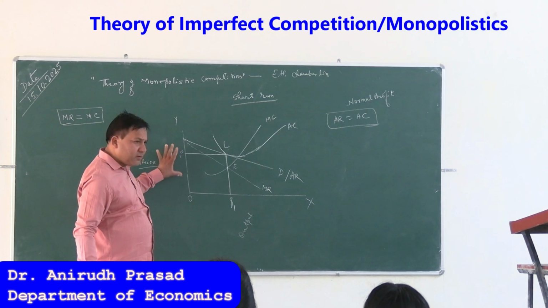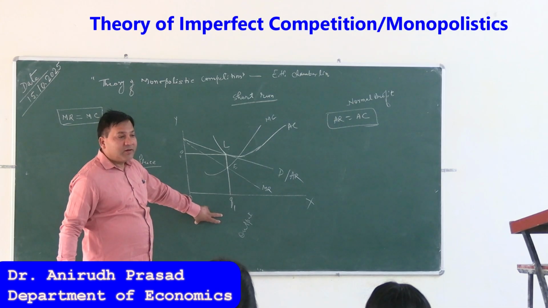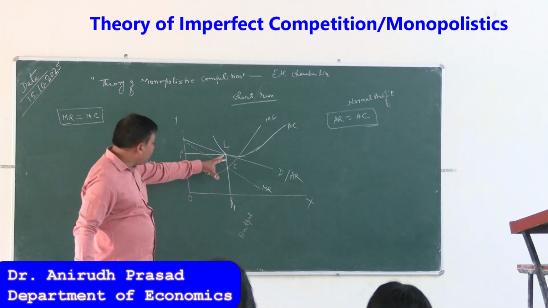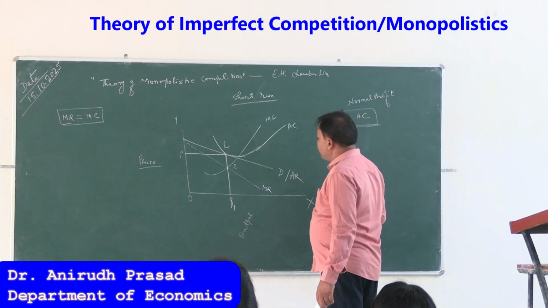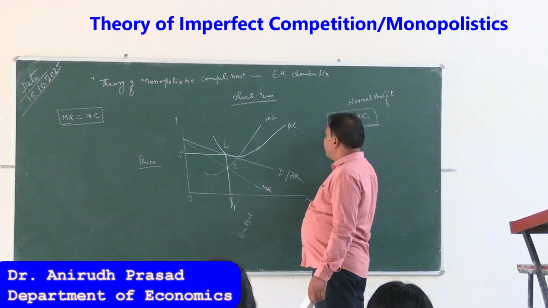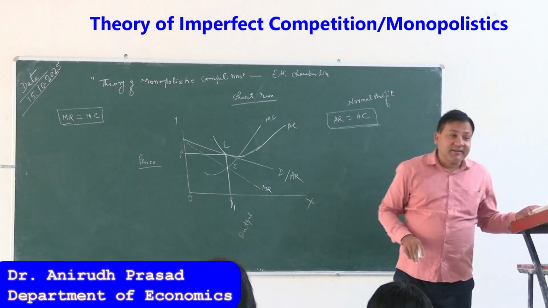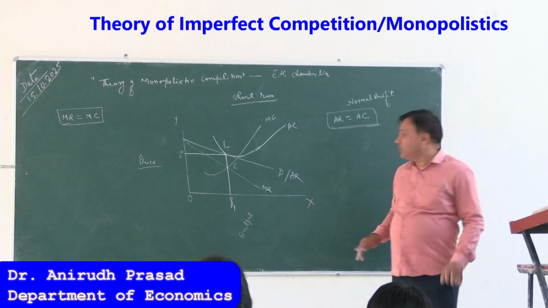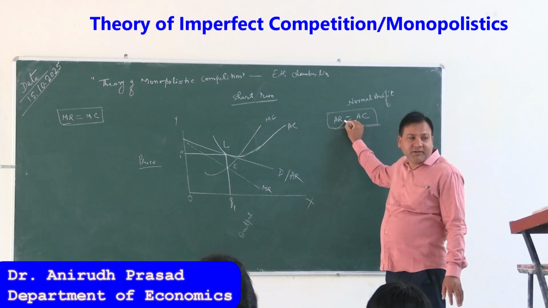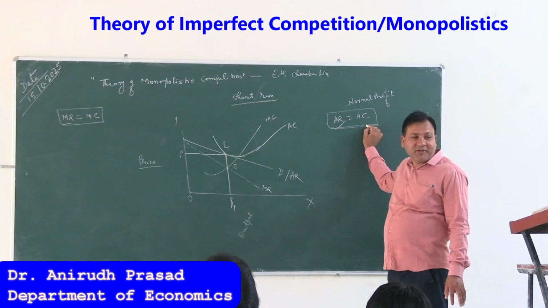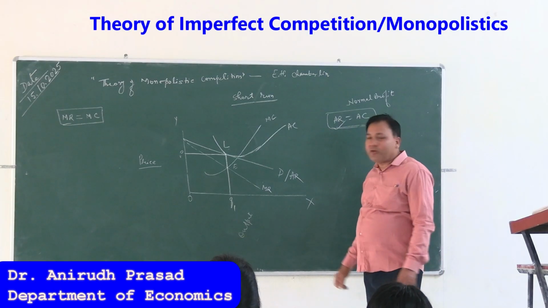At OP price, the firm will sell OQ1 amount of output, and at this point AR is equal to MC. So the firm or industry is getting normal profit because per unit revenue is equal to per unit cost. So this is the condition of normal profit.